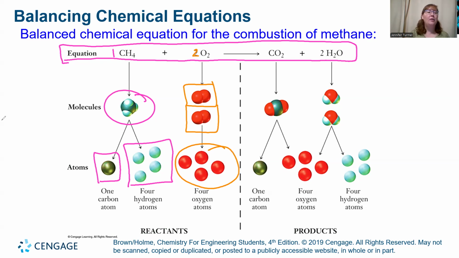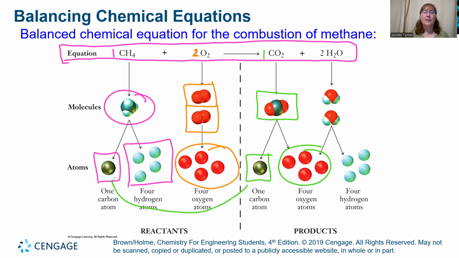And when they recombine, we have 1 CO2 unit right here, which gives us 1 carbon and 2 oxygens. And now you can see here that here's that carbon and here's those oxygens. And now we have these 2 water units that we're making, and here they are, 1 and 2.